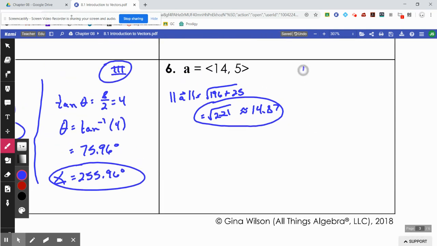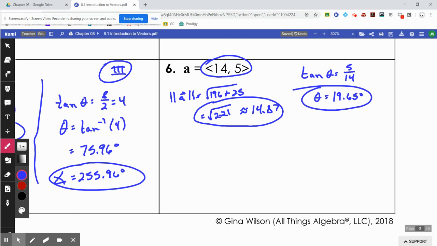Next up, we know that the direction, the tangent of our angle theta, is going to be opposite over adjacent, or b over a. So therefore, the inverse tangent of 5 over 14 gives me an angle of 19.65 degrees. And we're actually looking for a first quadrant angle, so my reference angle is sufficient.